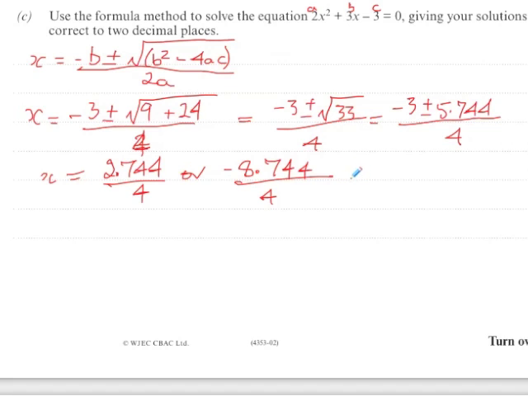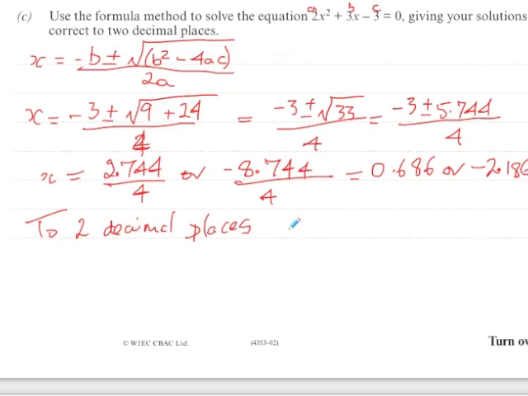So that equals 0.686 or minus 2.186 to 2 decimal places. X equals 0.69 or minus 2.19.